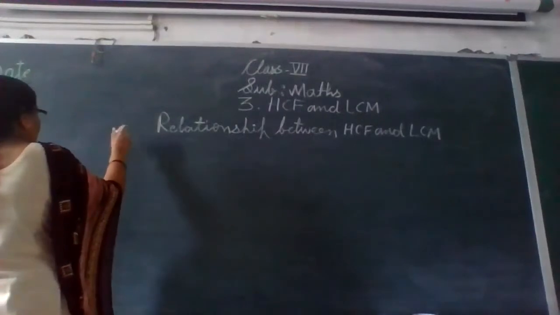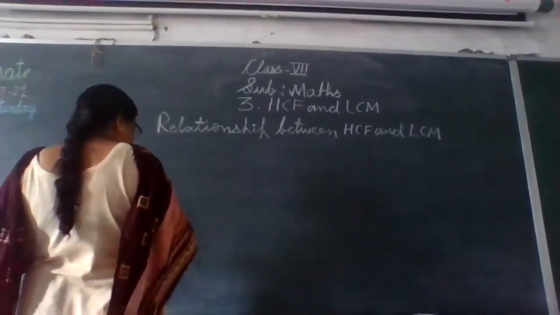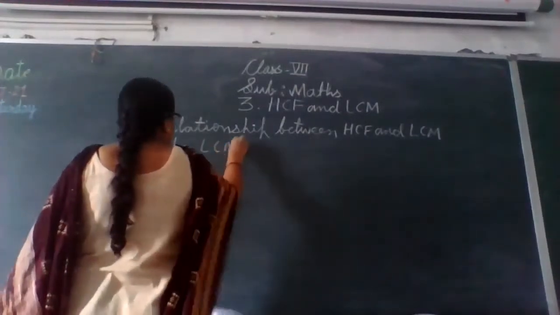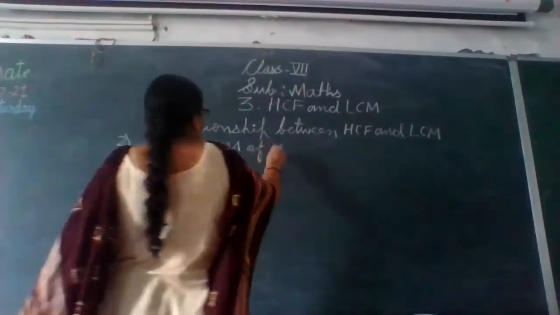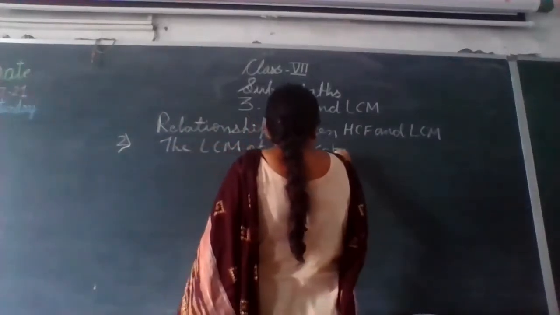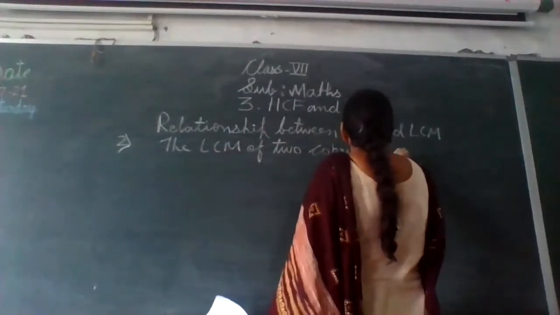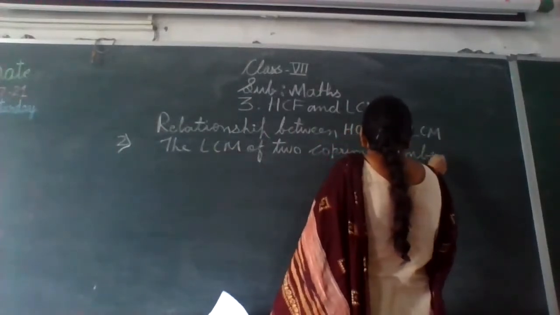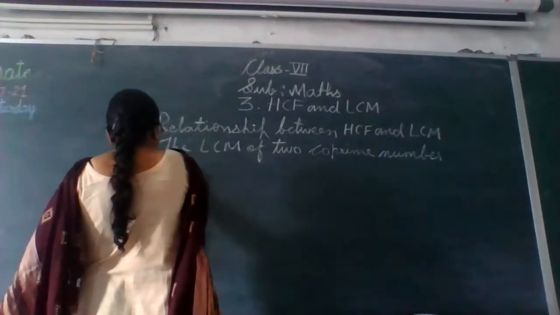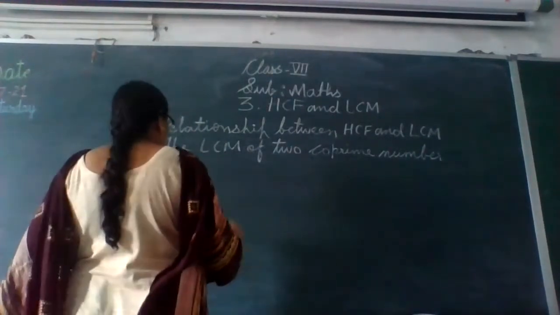Question 2. The LCM of two co-prime numbers is 221.